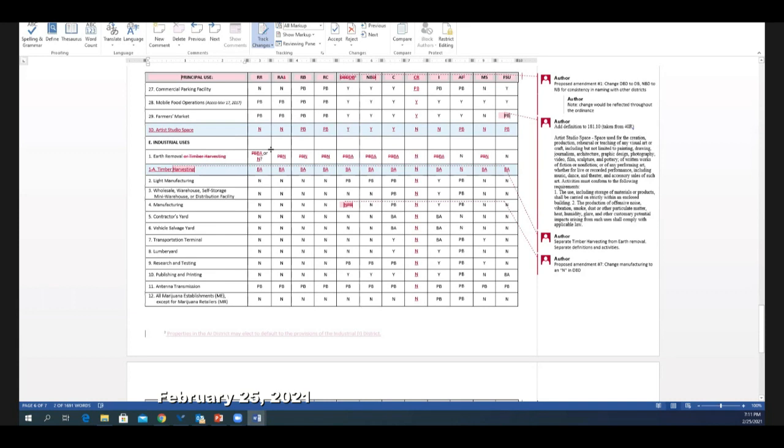Then industrial uses, because we had now created earth removal as its own distinct use in the ordinance, these two are now separated: earth removal and timber harvesting. So the question there too is, it was previously combined, earth removal and timber harvesting, all by planning board. And I think you just were recommending on the earth removal, it switched to planning board from, I guess, earth removal stays with planning board, which would be different from here.